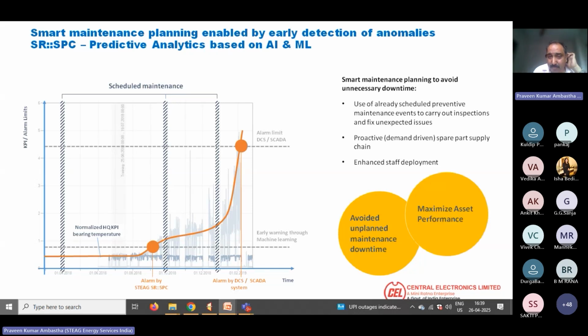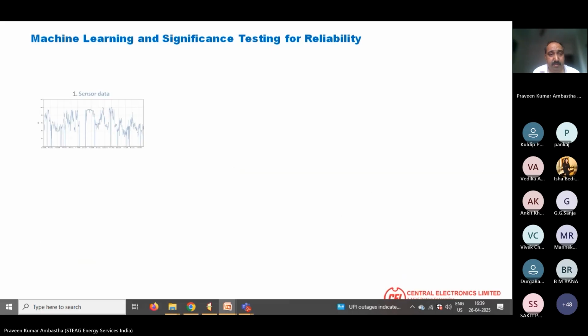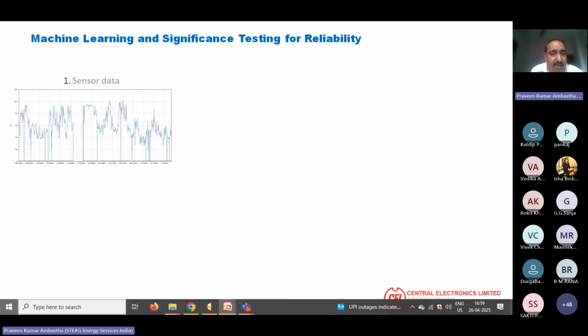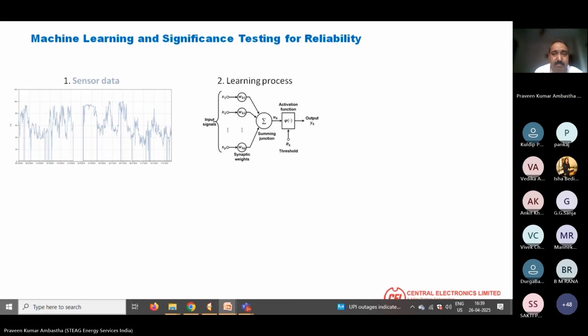Maximize asset performance. So how does it work? Let us suppose this is the sensor data. From the left side, you cannot predict any fault. This is just the raw data. You have to apply some modeling tool, some AI model you have to develop.